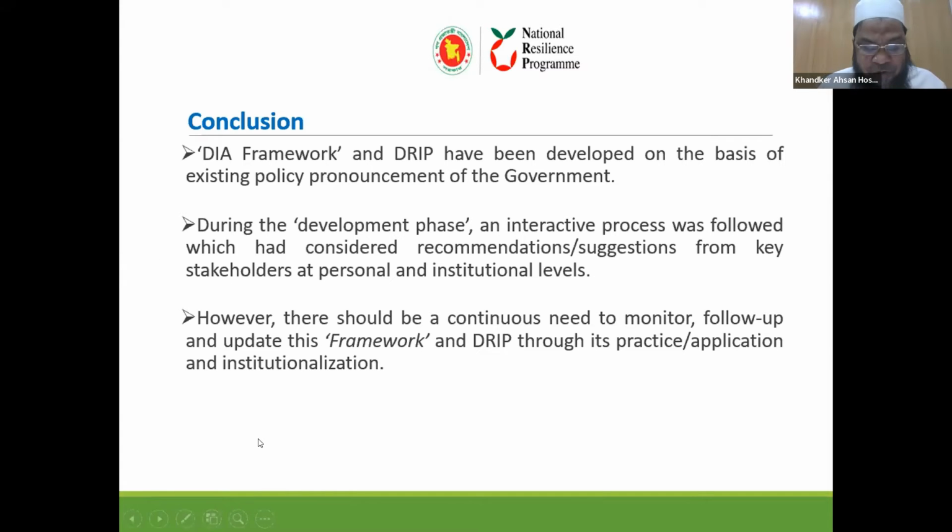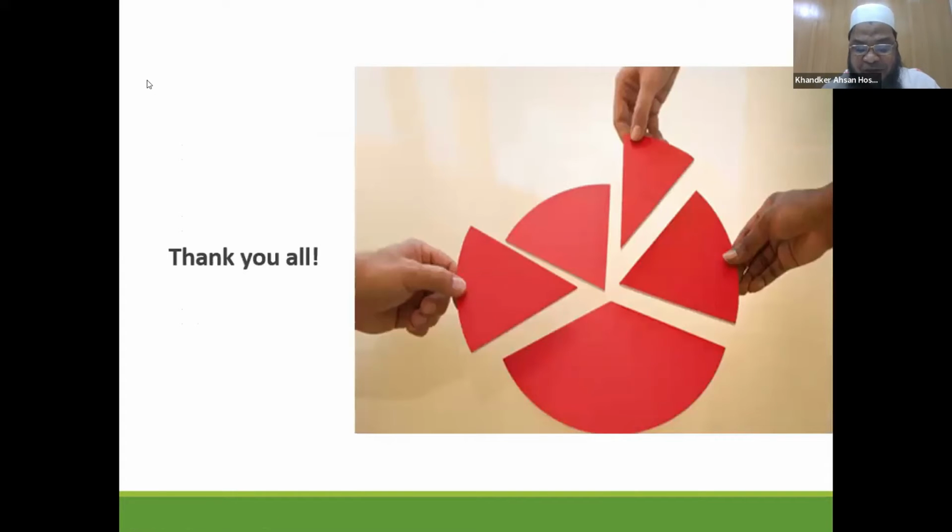Thank you, Dr. Nurul Nahar, for presenting the risk-informed planning tool, including the six steps and DRIP software. You all know the NRP project is working with the public sector, as presented by Dr. Nurul Nahar, and this project is also working with the private sector in response to disaster.